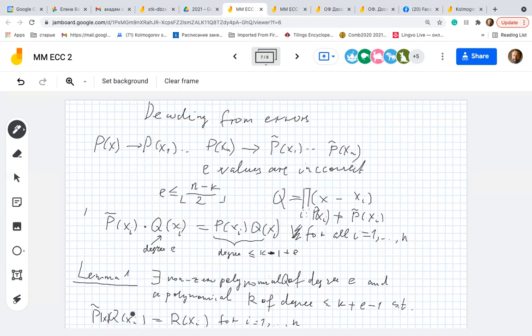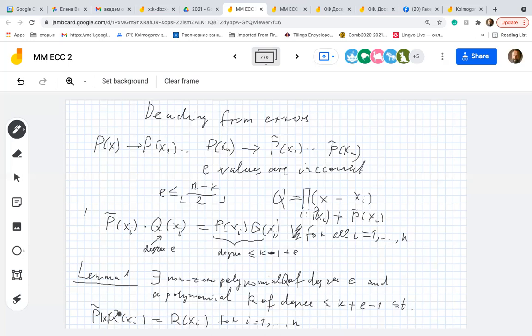As we have noted, if we understand the coefficients of q and r as our variables, as our unknowns, then r of xi is a linear combination of our variables for each particular i.